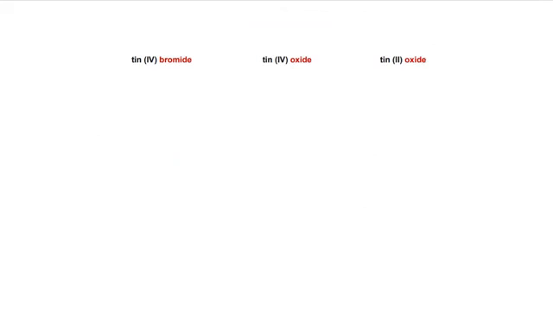Okay, now let's try to do the opposite. If I'm given the name, let's find out its formula. So we're told here tin, so there we go. Tin is Sn. Now this tells me that its charge is, that's a Roman numeral 4. So 4 plus, and then bromide we know is bromine, Br, and we know that bromine has a -1 charge.